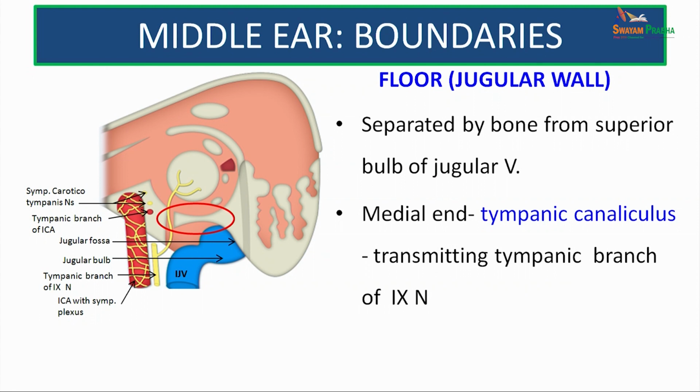It is separated from the superior bulb of the jugular vein by a small partition of bone. At the medial end of that bone, there is a small opening called the tympanic canaliculus, which transmits the tympanic branch of the glossopharyngeal nerve.